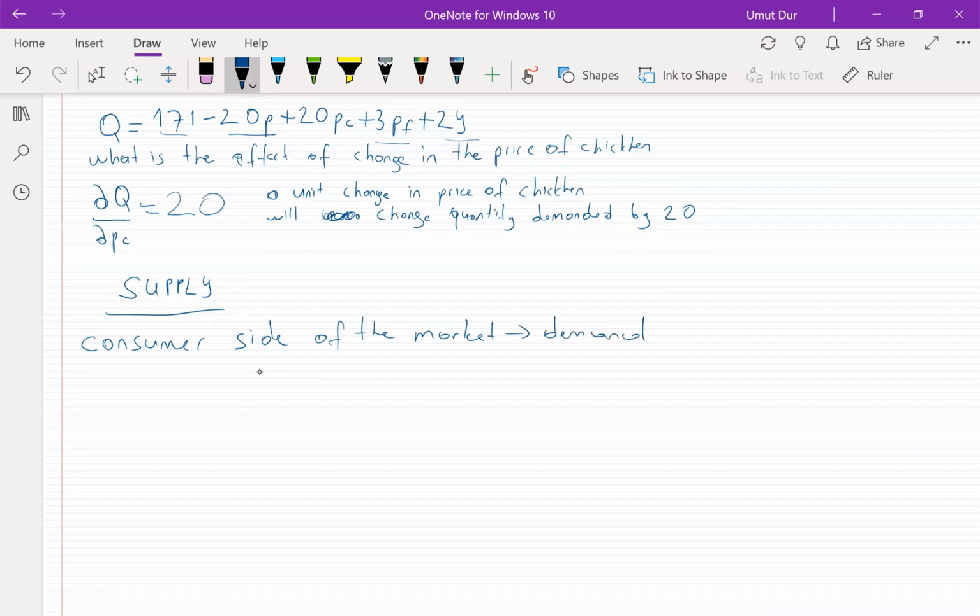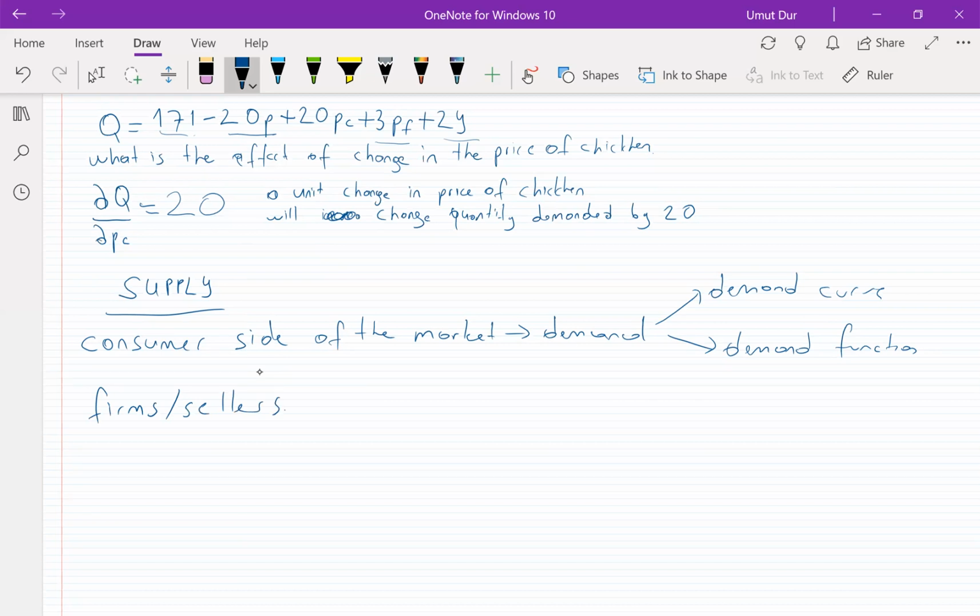We first went over the demand curve, then we went over the demand function. Now we will do almost the same thing, but now we will be interested in the firms or sellers.